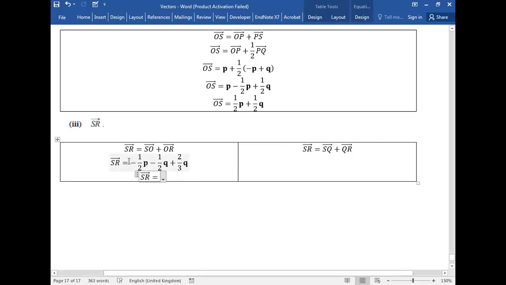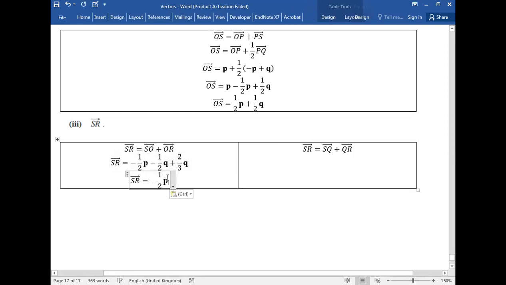Take the LCM. This will be -12P. LCM 3 came, -3, 6 came, -3 plus 4, 1/3. You can use your calculators, you can also do 2/3 -12.